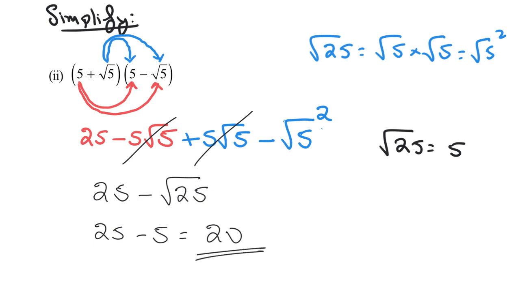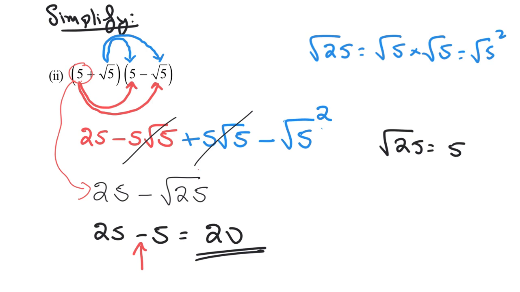Fine. But observe one more thing. Can you see here? 5 plus root 5 times 5 minus root 5. Is this 5 squared? Yes. Minus root 5 and root 5.